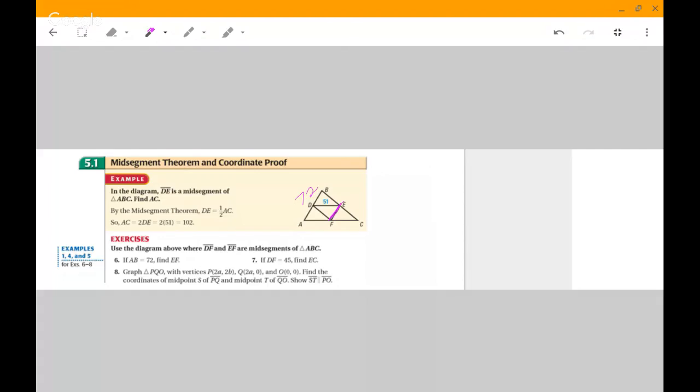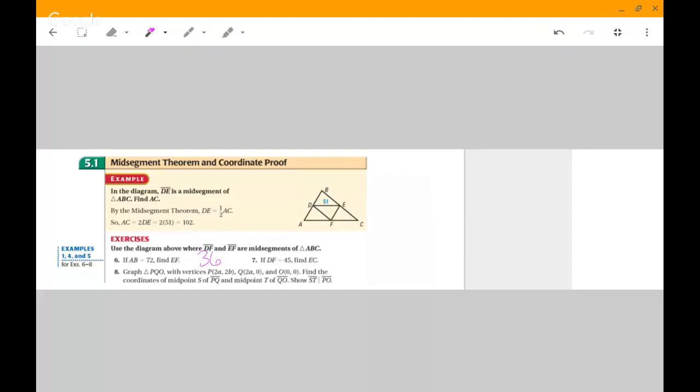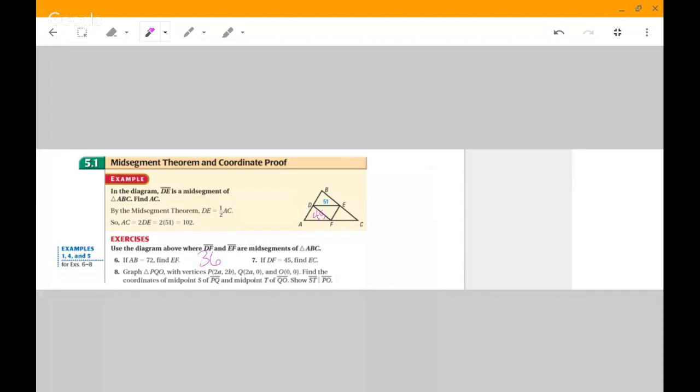Yes. So how much is EF? 36. Yeah. All right. Then if DF is 45, it should be 45 for EC. Yep, because remember we did this, we put matching tick marks on all 3 of those pieces.